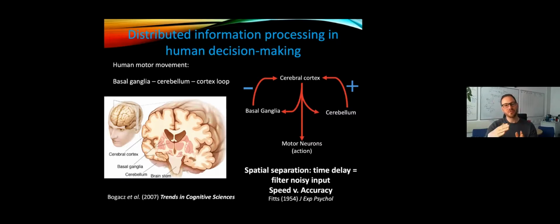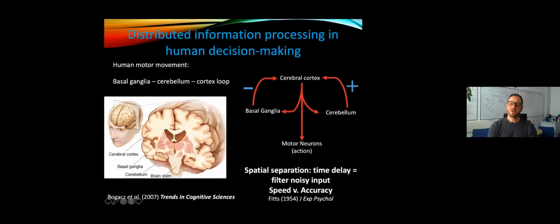And there should be some sort of an optimum. Where that optimum lies depends upon the context that you're existing in. In the case of humans, like I said, we are able to reverse our decisions. So accuracy is not as important as it is in the case of plants, where decisions cannot be reversed. So this is something to keep in mind.